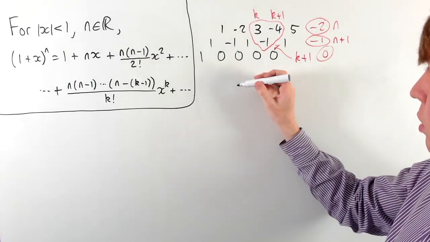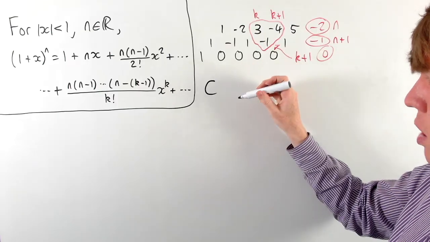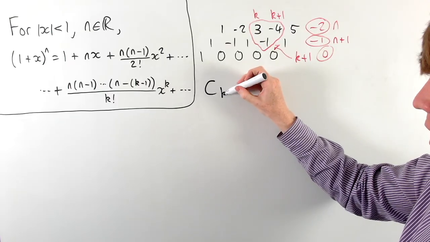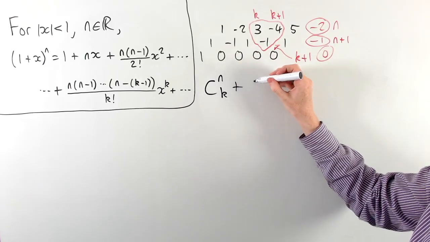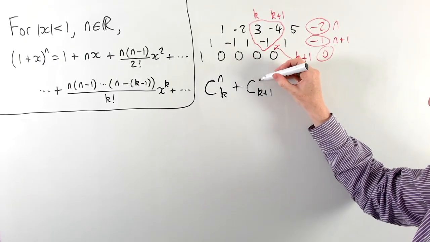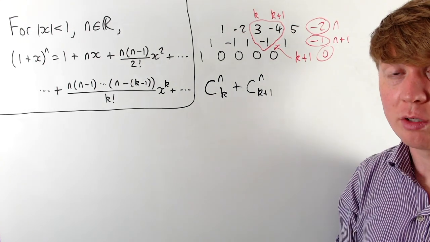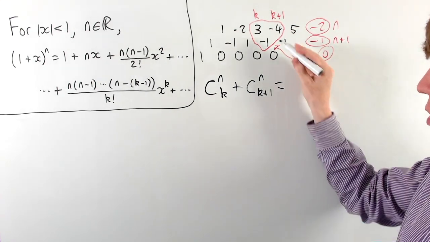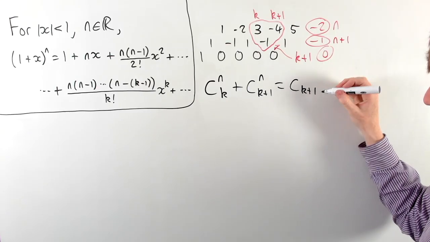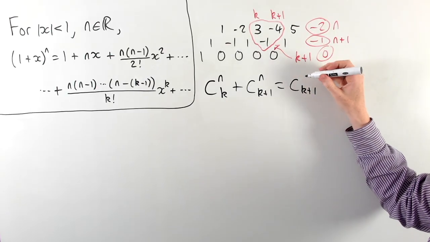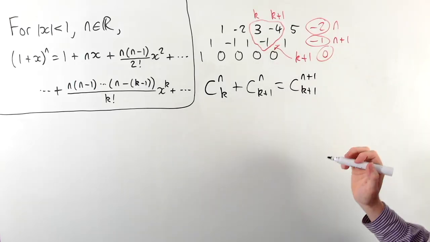So what we essentially want to show then is, let's introduce some notation. We want to say that the kth coefficient in the expansion for n plus the k plus 1th coefficient, again in the series expansion where we've got n, is equal to the term underneath. So we want this to always be true, and this is the k plus 1th term, but now because we've gone down a row, this is for n plus 1.